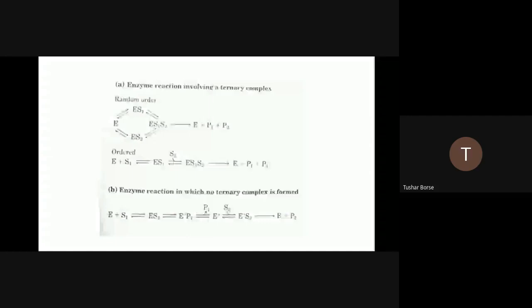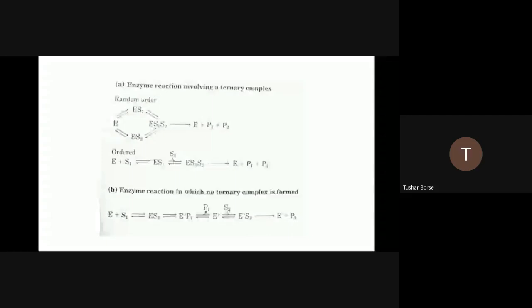Like you can see in the first reaction, it is involving a ternary complex. When it is forming a ternary complex, the enzyme, substrate 1 and substrate 2 are coming simultaneously, and the enzyme is binding two substrates at a time, and it is converting into free enzyme and the two products.